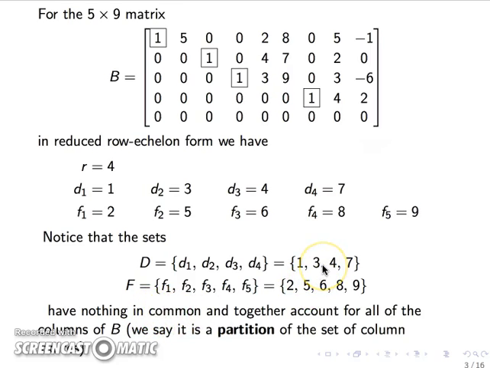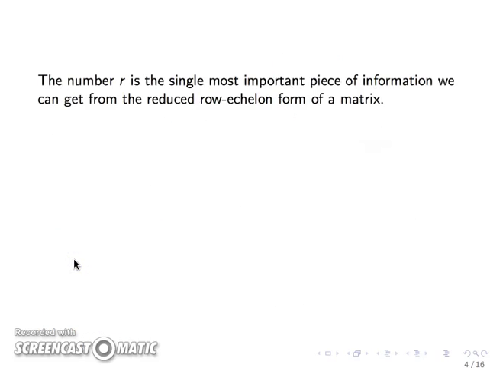So an index will be in set D, or it will be in set F, but there are no indices that are in both sets at the same time. So the columns are partitioned in this way. The number R, this number of leading ones or pivot columns, is extremely important.